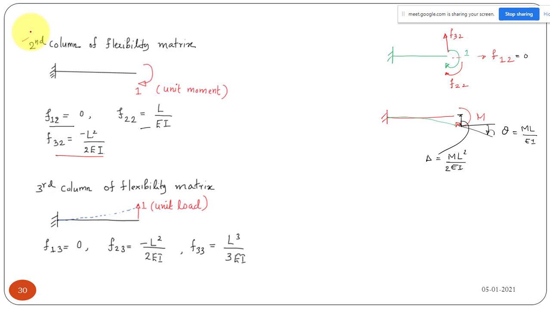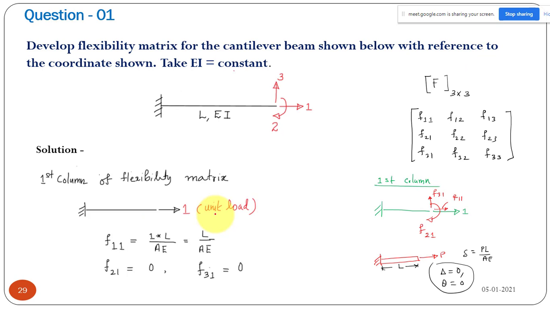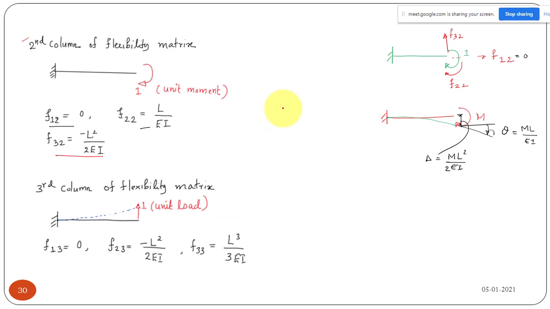So now we have to derive the third column of the flexibility matrix. The third column we can get by taking your cantilever beam and applying a unit force corresponding to this coordinate. This coordinate is vertical, so you can apply a unit force like this at the free end, 1 kilonewton. Due to this, what is the axial displacement?